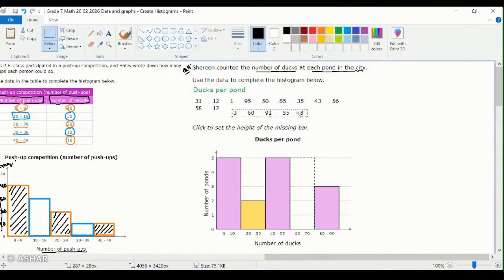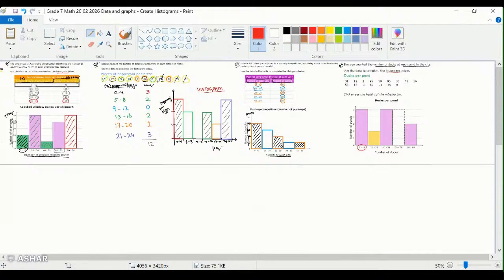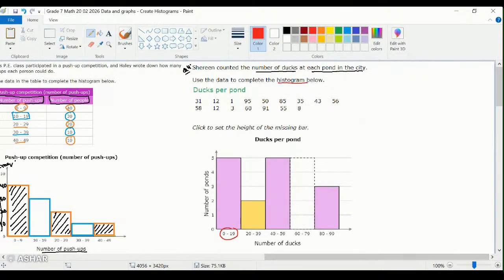This data is presenting us with the number of ducks, whereas the histogram, we need to complete the histogram. Okay, so let's confirm. They are saying between 0 and 19. We'll try to draw the bar also so that we have the information. On the x-axis, it says number of ducks.